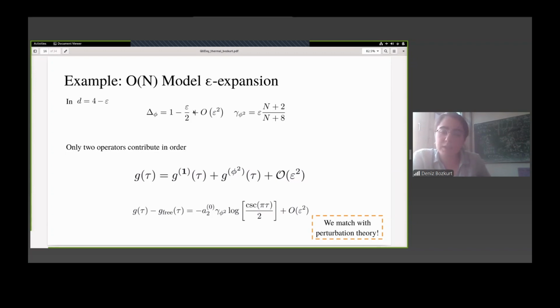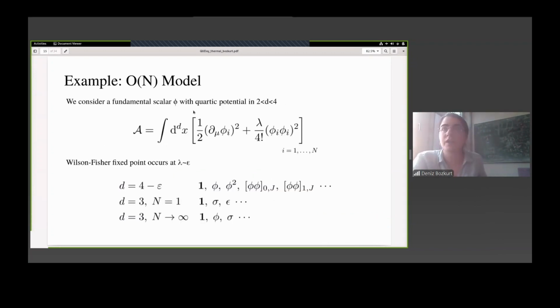zero temperature data, and then again use our step-by-step formula to see which operators contribute among the ones that I gave you in the beginning, which are, of course, phi squared, and then also the double twists of it.